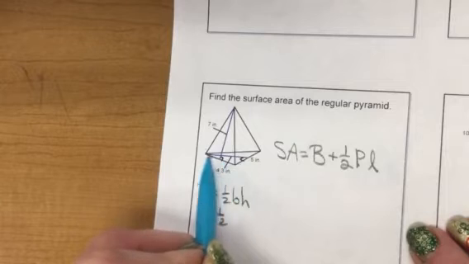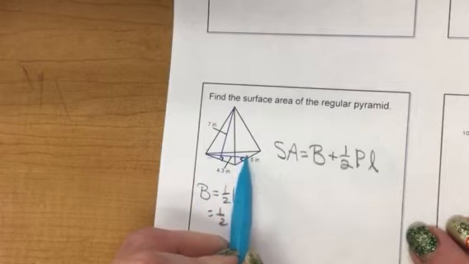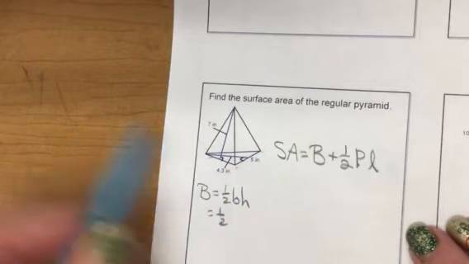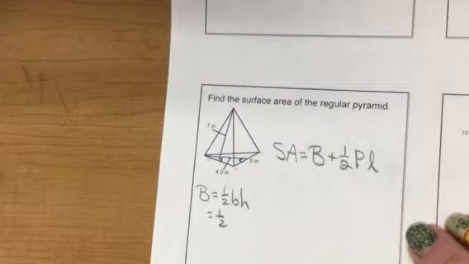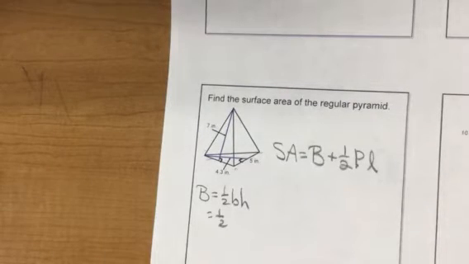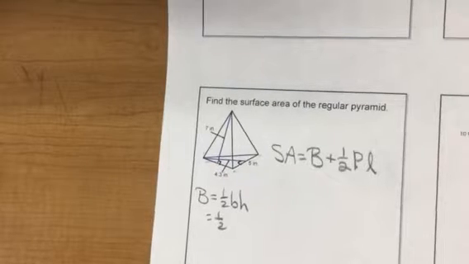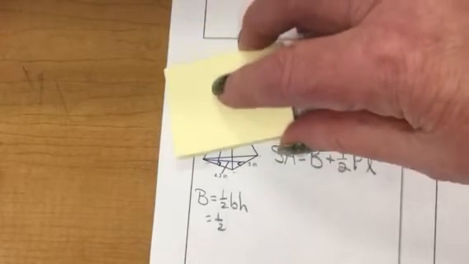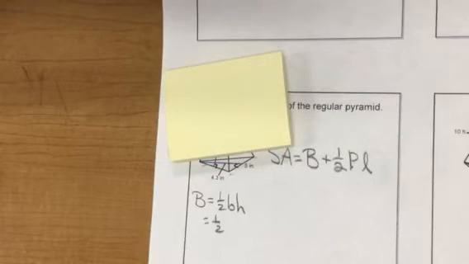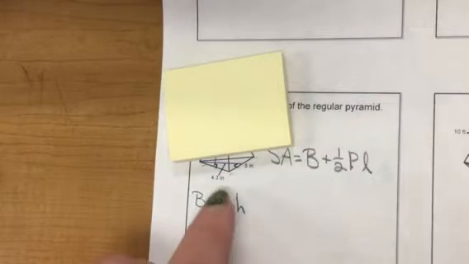Now, notice here, they give me the height of this triangle on the base, and sometimes it's helpful just to take a little piece of paper, if you have one handy, and cover up so you just look at that triangle base.